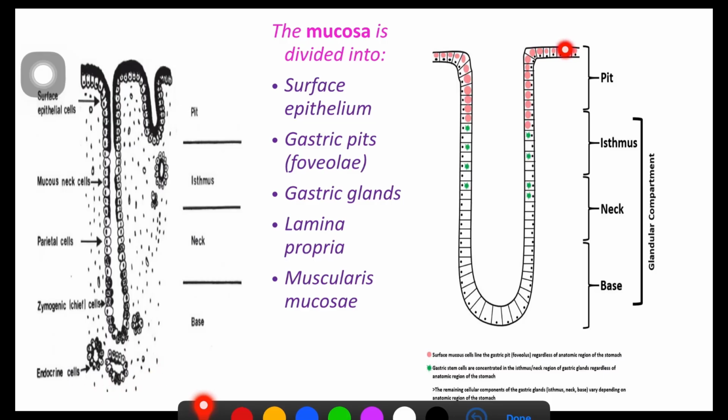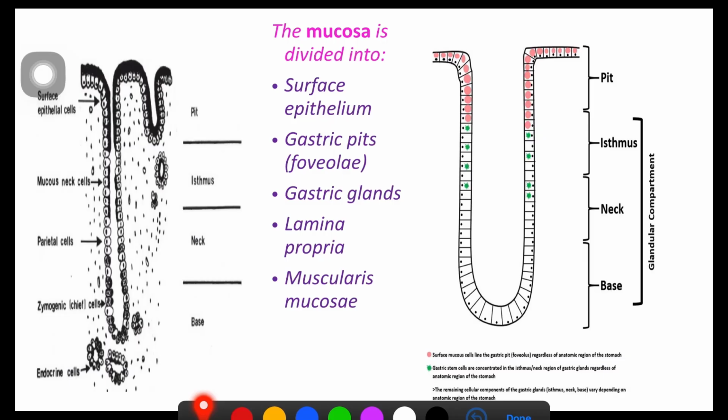So basically surface epithelium lines the gastric fovea. This part is called the isthmus. Beneath this pit you can see the isthmus portion, then the neck, and this is the base of the gland.